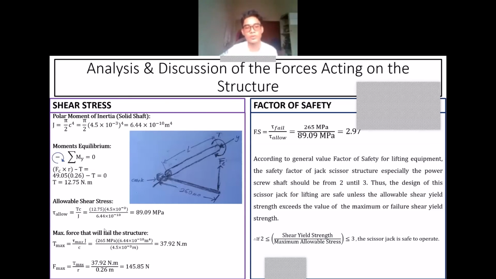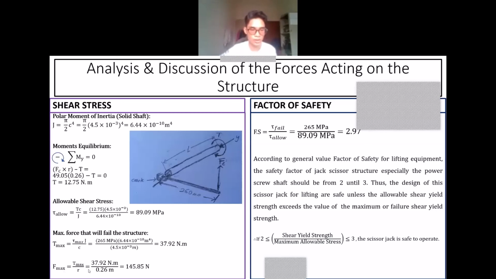So for the maximum force that the structure can feel, first we have to find the maximum torque, which is equal to maximum shear stress times J divided by the c, which is equal to 37.92 Newton meter.